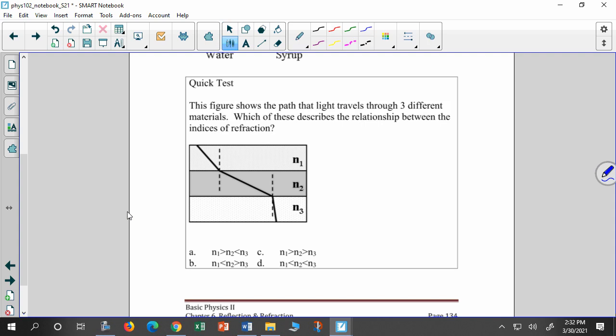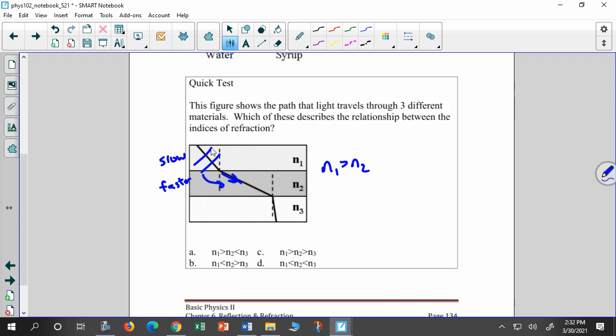So the way that you do this is you imagine a front of waves traveling along. Here, because of the way that it turns, I know that it's traveling slowly here and faster here, because this has to speed up in order for the ray to turn like that. So I have slow and fast. Light travels slower when n is bigger. So I know then that n1 is bigger than n2.